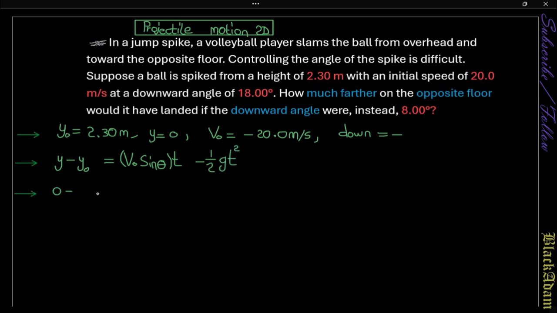And from there we have final 0 minus 2.30 meters, and that is going to be the initial speed of negative 20.0 meters per second, and then the angle is 18 degrees, so sine 18 degrees, multiplied by time, minus a half, which is 9.8 meters per second squared, all multiplied by time squared.